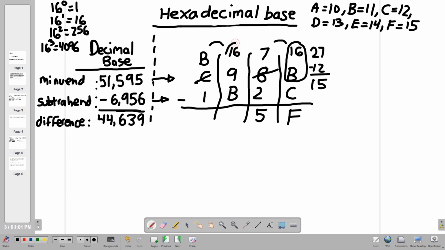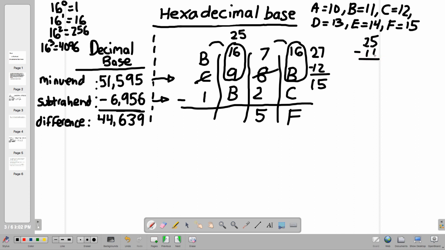And we pretty much add 16 and 9 together, and this will produce a value of 25. So let's replace that. And so we have 25 minus B, which is the same thing as saying 25 minus 11.